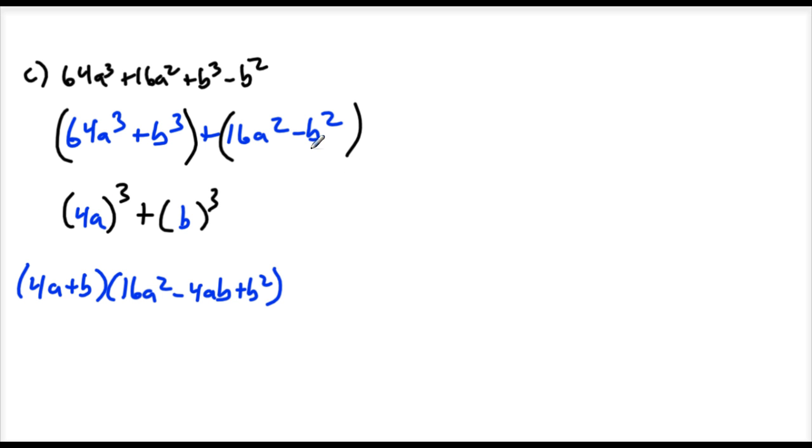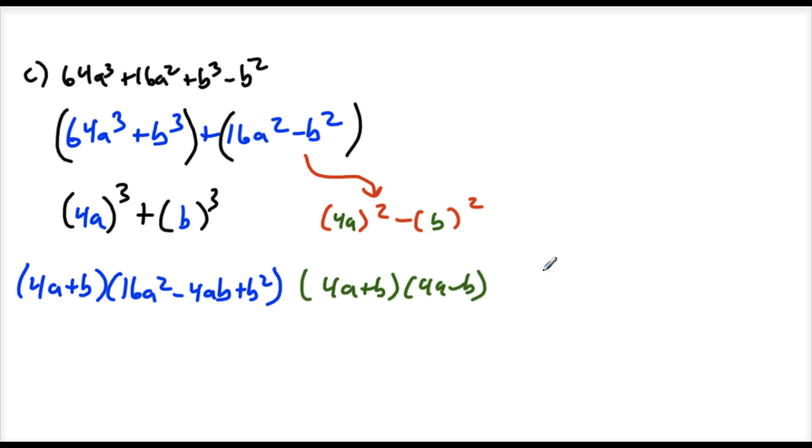Now let's do this one. And this is a difference of two squares. So what squared minus what squared? And this is a pretty crunchy problem right here. So this would give us 4a and then b. So if I factor this, then it's going to give us 4a plus b and 4a minus b.